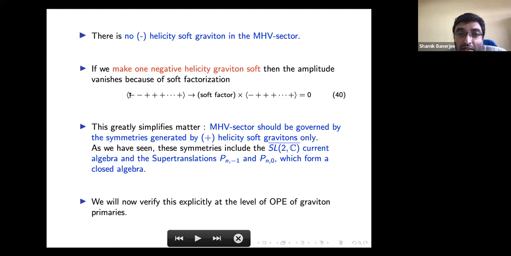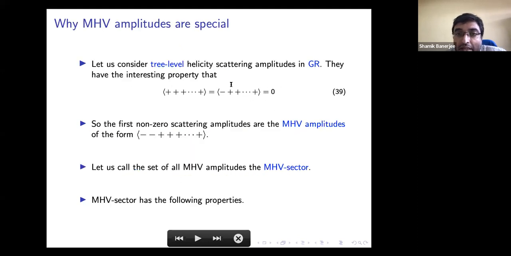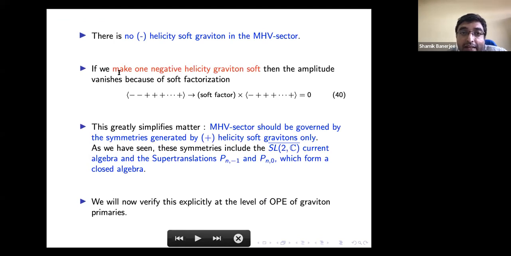If I make this soft, this just gives me the soft factor times this amplitude, and we know that this amplitude is not there. So that is the reason that the negative helicity soft graviton is not there in the MHV sector.